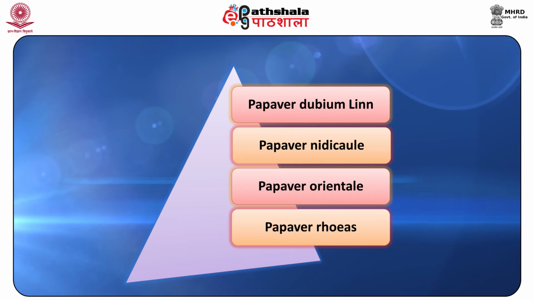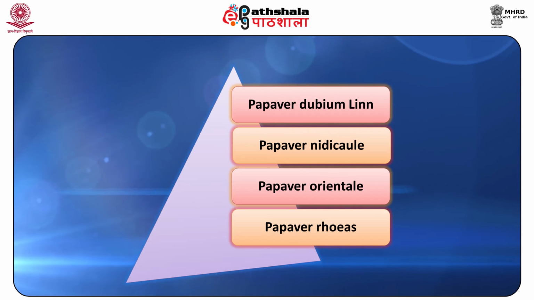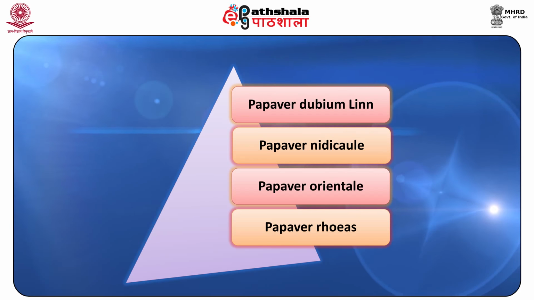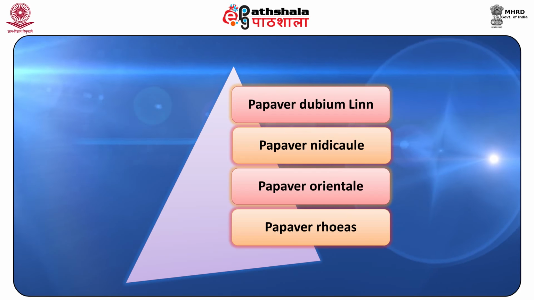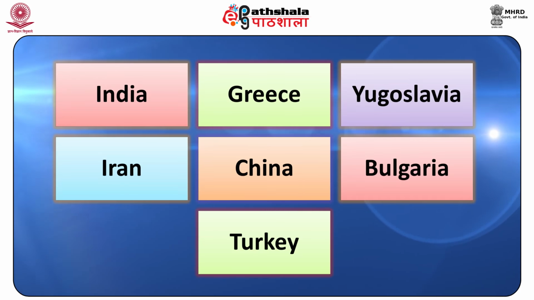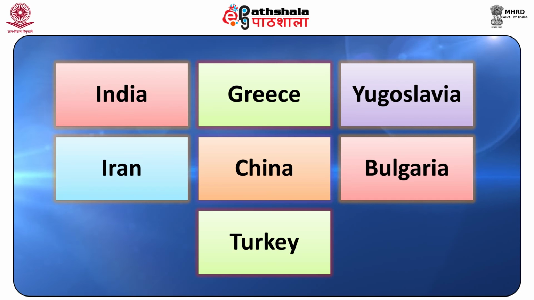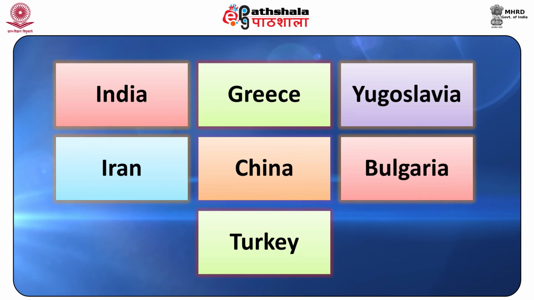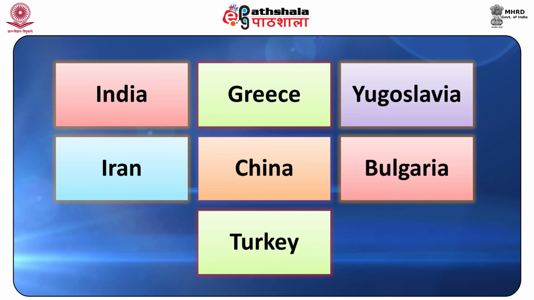There are many varieties of poppy plants, namely Papaver dubium, Papaver indicum, Papaver orientale and Papaver rhoeas. Opium is produced in many tropical and subtropical countries, but on a large scale it is produced in India, Greece, Yugoslavia, Iran, China, Bulgaria and Turkey.